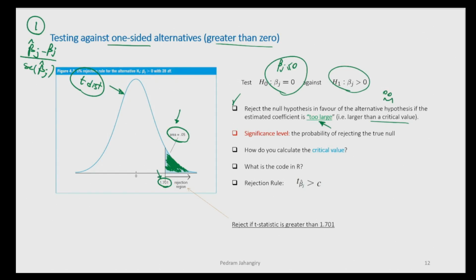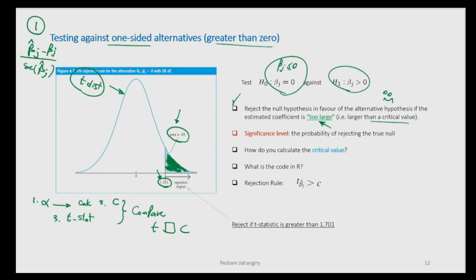So the sequence is like this. What is alpha? Then from alpha you calculate your critical value. We show it with C. And then simultaneously you can compute your t-stat. And then you compare. These are the steps. You compare the t-stat with your critical value.